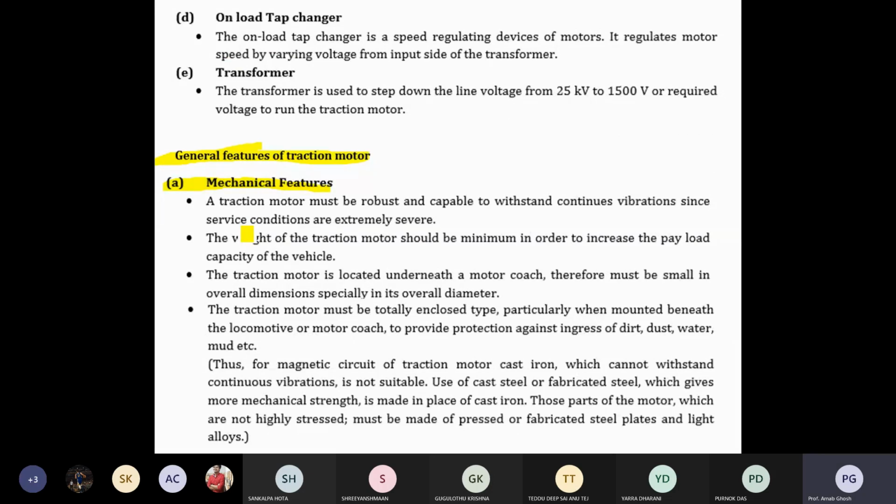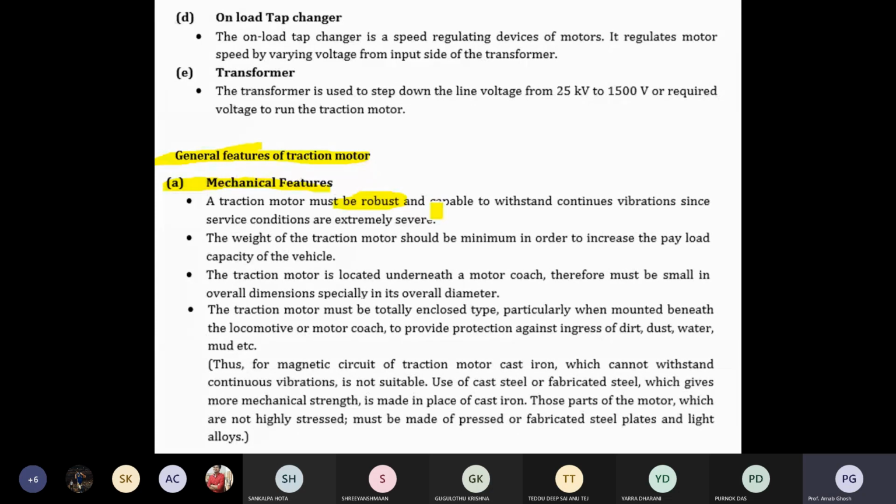Robust means that if any disturbances happen, such as a sudden change in load or in the environment, mainly the environmental temperature, there should not be any change in the response of the motor. That is important.